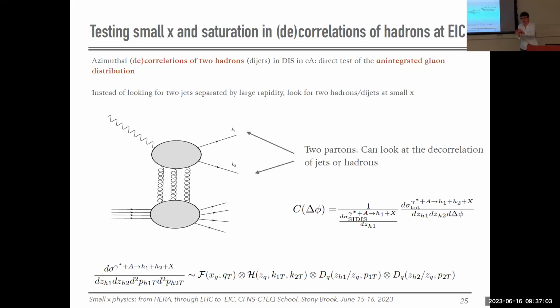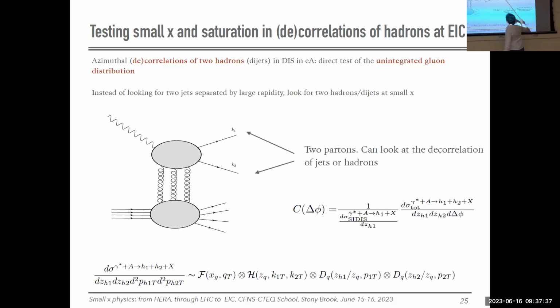Again, there will be a signal in this angular distribution depending on what happens here. So how many emissions you have, what type of dynamics you have, do you have saturation or not? This can be looked at the EIC in both ep and eA. And you would expect that if you have more saturation, so more multiple scattering here, then there will be more decorrelation of these partons.